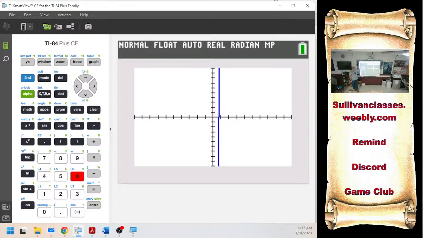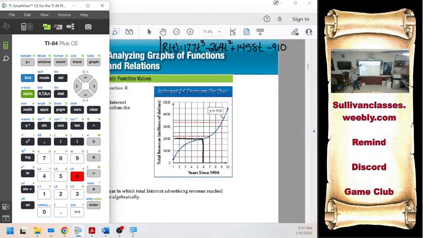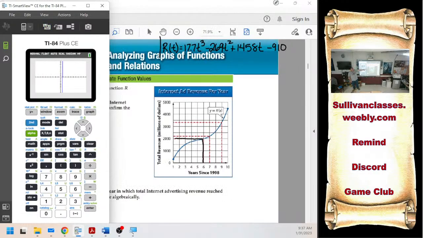Because look at the window that we have displayed. Literally, it's giving you the dimensions of your window. Go to your window and make it match. I'm going to go from 0 to 10, going by ones.